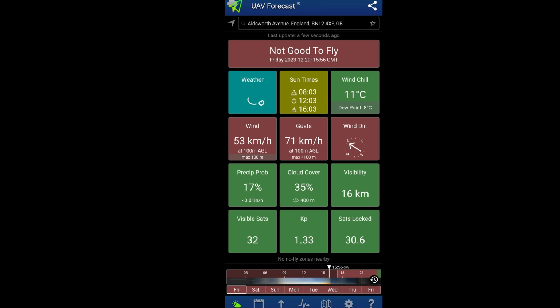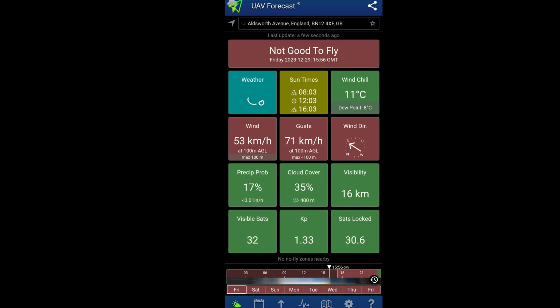It gives the wind data all the time, and the sunsets, and the satellite lock, KP readings, average wind speed, wind gusts, wind direction. So in this case, the average wind was 53, and it says that it's 71 at this time in the area I was flying the drone.